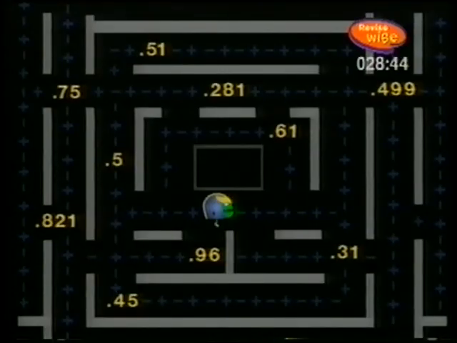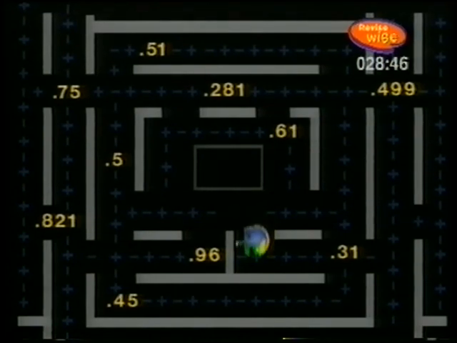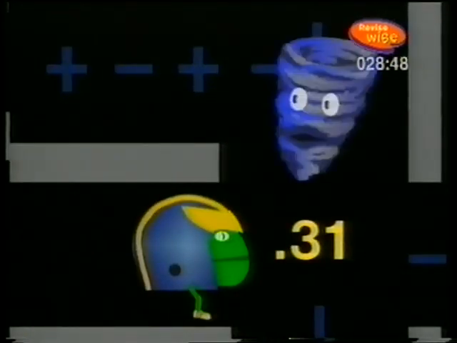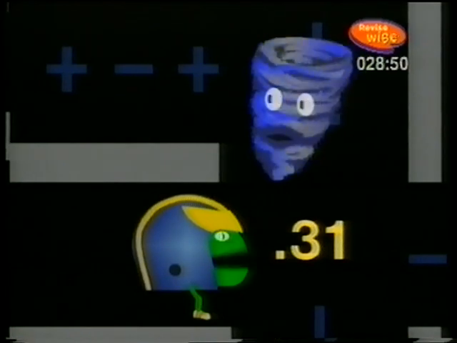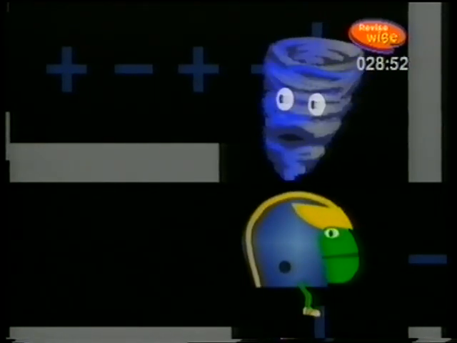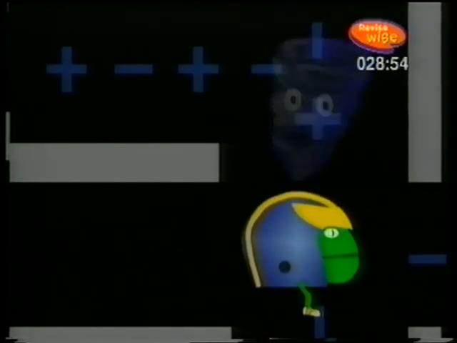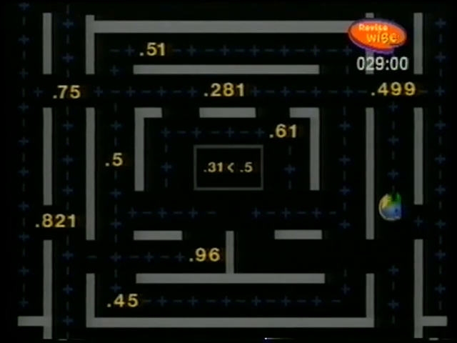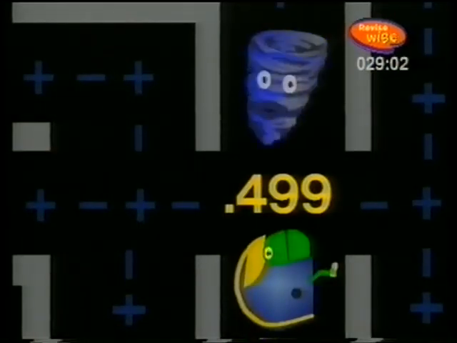See if you can spot all the numbers less than 1/2 before Mathman does. That's less. Too smart. Less than 0.5.